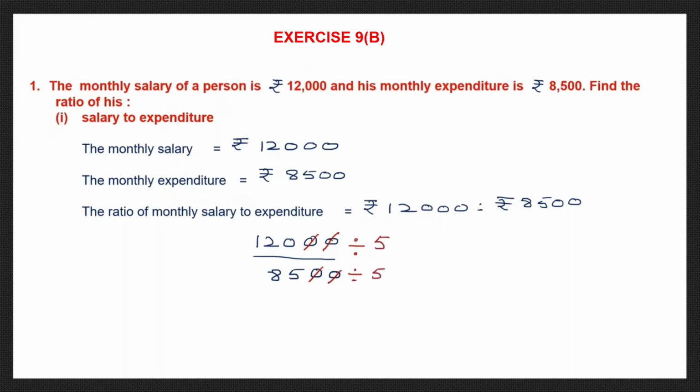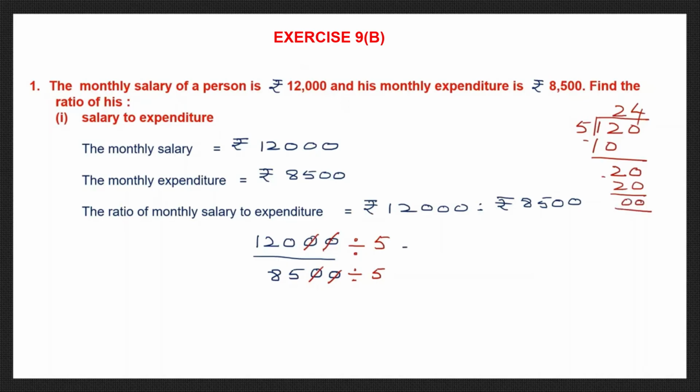So let's divide 120 by 5. 120 divided by 5. 5 twos are 10 minus 2 and I bring down 0, it's 20. 5 fours are 20. So minus, I get 24.